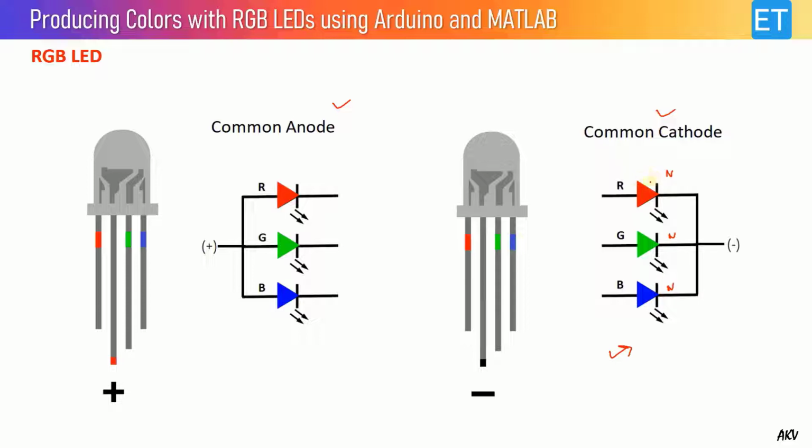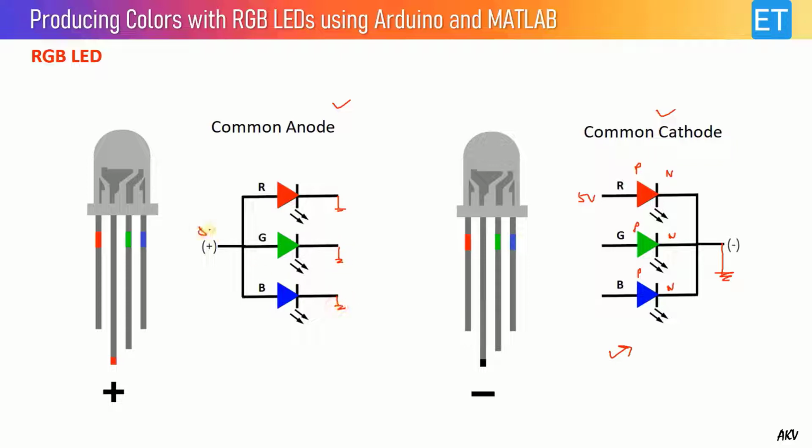As we know, these LEDs are actually diodes, as its name says, light emitting diode. By the diode construction, each LED has a PN part, I mean P type material, N type material. So all N sides are connected to have a common terminal which will be grounded. And if you want to switch on this red LED, you have to apply 5 volt here. So you can control the LEDs like this. And similarly in the common anode, actually these terminals will be grounded.